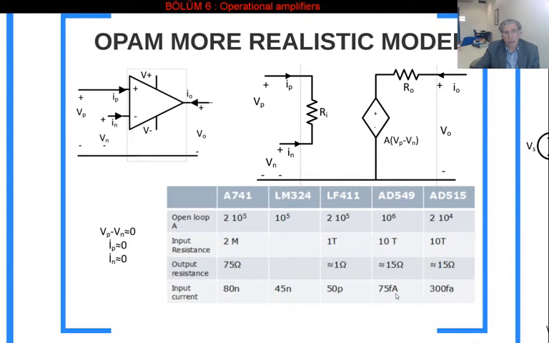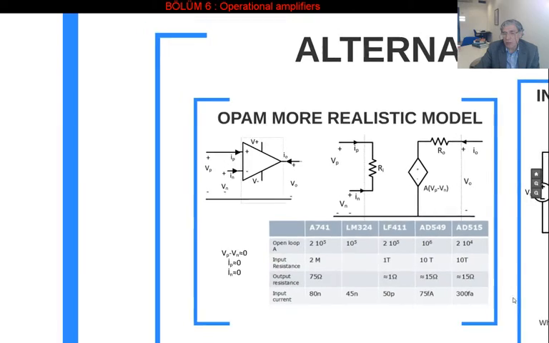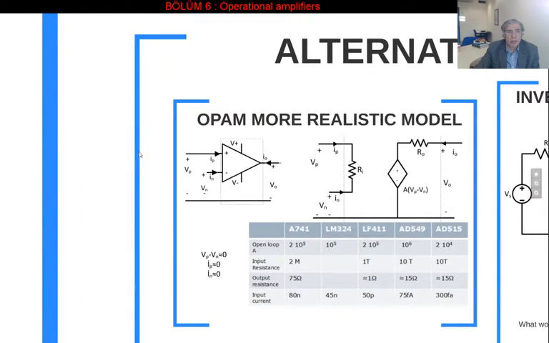In this circuit model I have three parameters, and these are the ranges of these parameters. Then how do I apply this model instead of the definition relation? Here are some examples.